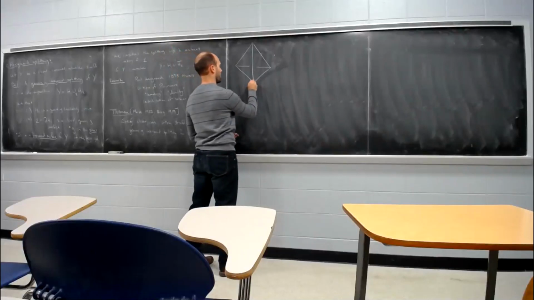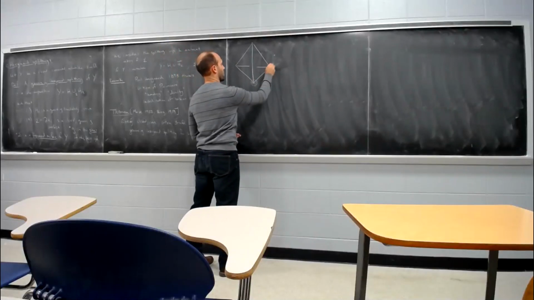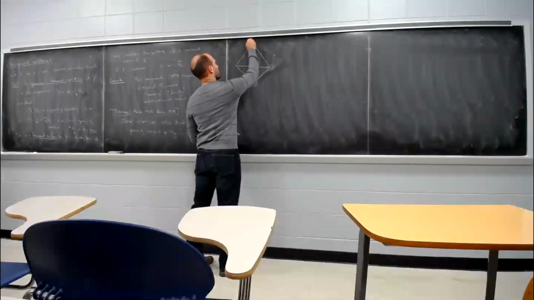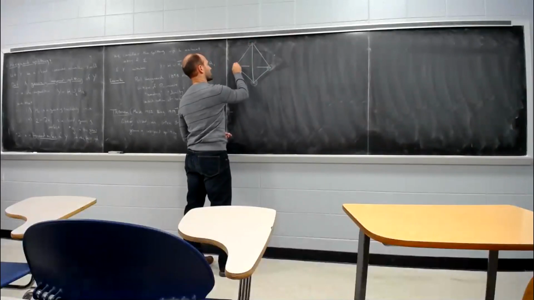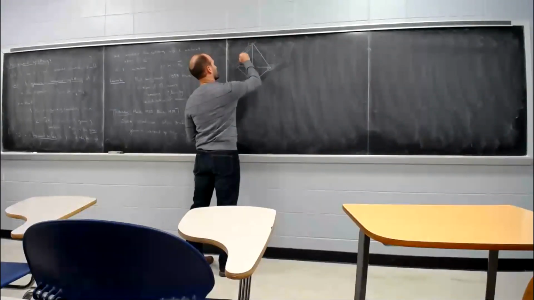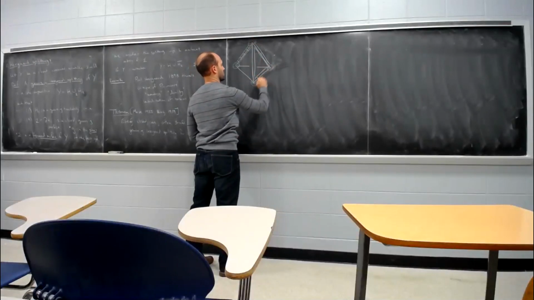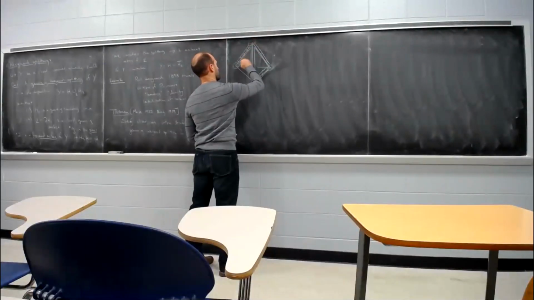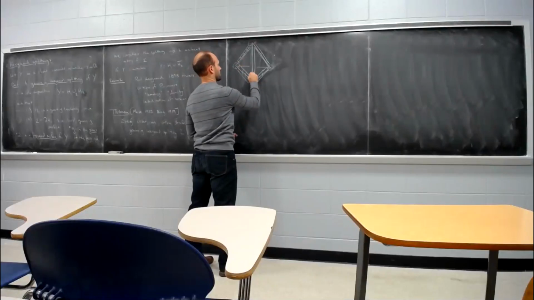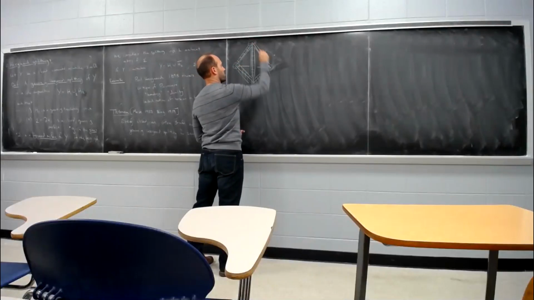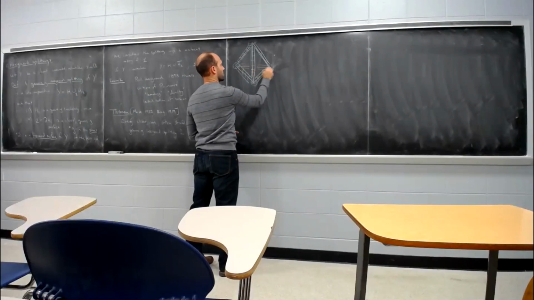And so what you do is you take a regular neighborhood of the one skeleton, the 0 cells and the 1 cells, like this. And by definition, that is a handle body.